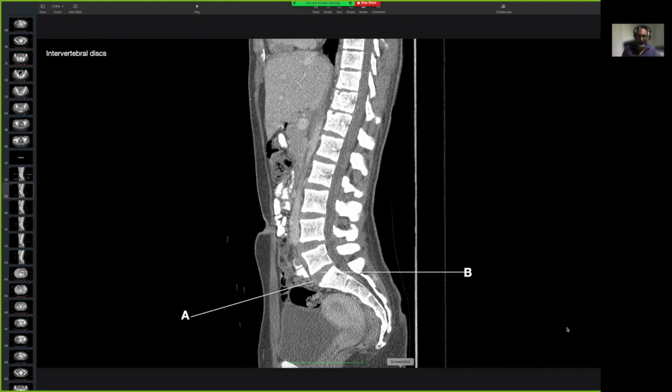Now, these are the intervertebral discs, and these are parts of the intervertebral disc. So can you tell me what part A is and what part B is? And also which intervertebral disc this is? Annulus fibrosus.